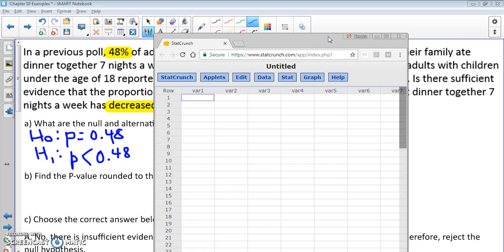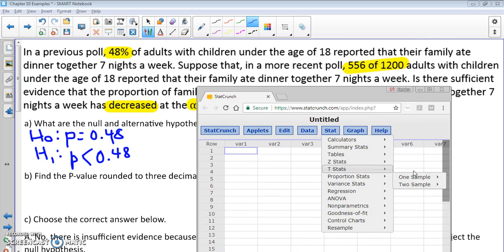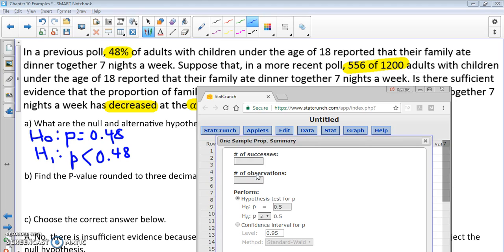So we're going to go to Stat, Proportion Stats, One Sample with Summary. Our successes are 556 out of 1,200, and our null hypothesis is that p is equal to 0.48, and our alternative is that p is less than 0.48.